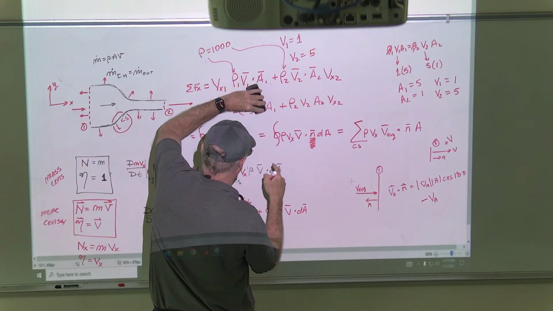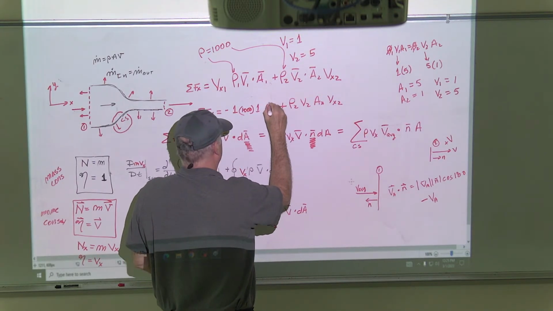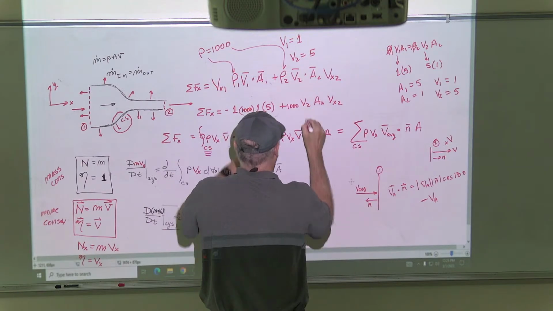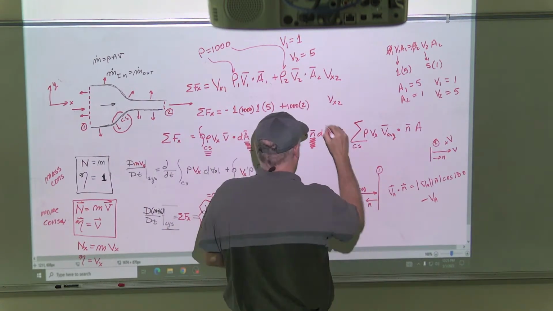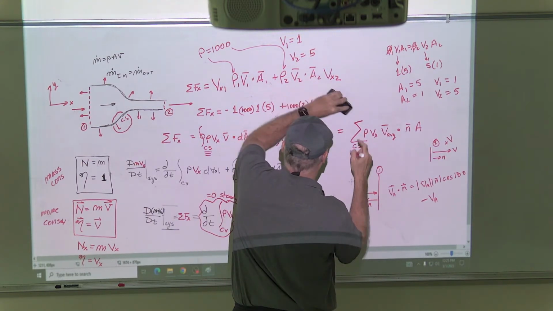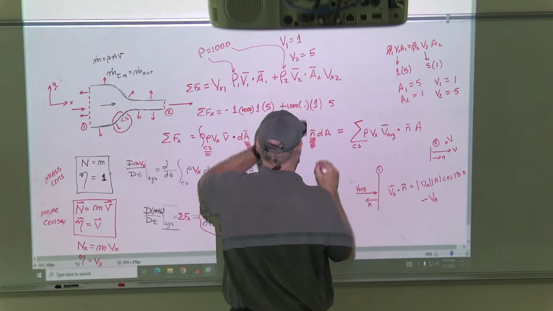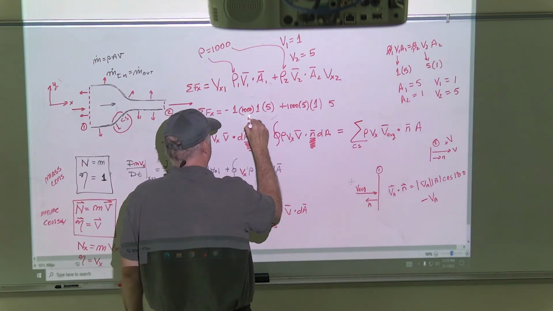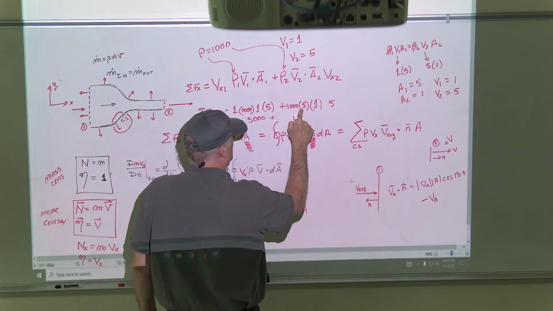Area 2 was 5 and this is still 1,000. Velocity 2, it got faster. Area 2, it's smaller. And then velocity 2, I wrote that as a 2. Why did I do that? It's supposed to be a 5. So what do you get? 5,000 minus 25,000.